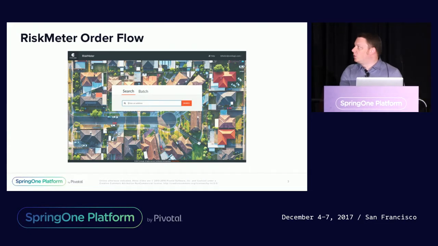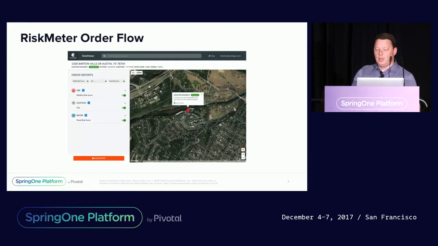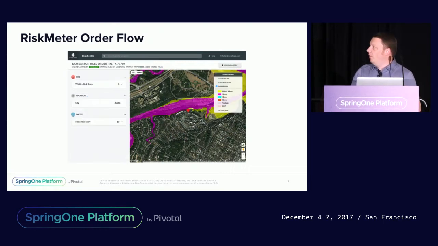To put some context around what the product looks like, this is the workflow. The underwriter logs in. They've got a screen that allows them to search for a property. Once they've located that property, they choose the analytics that they'd like to relate it against, depending on what they're going to insure the property against. And then they submit it, and they're given the scores that they've ordered. You can see here that this one is a flood risk score of 10.